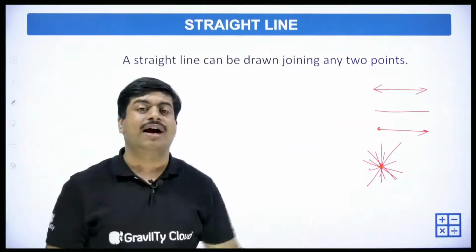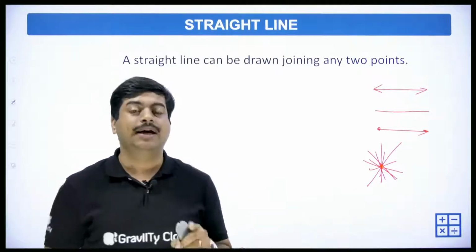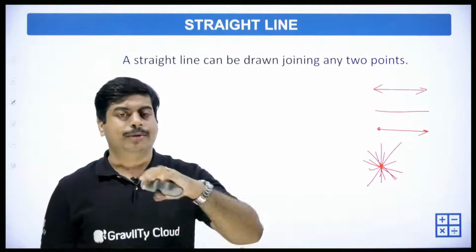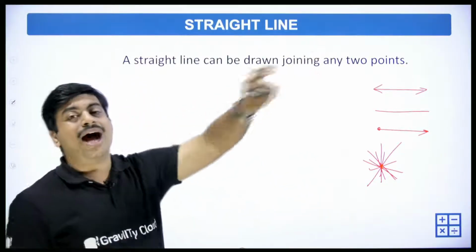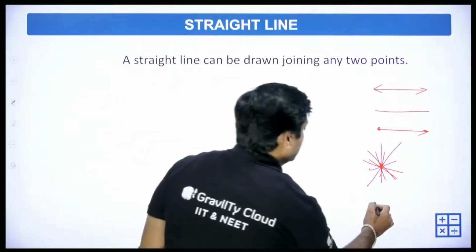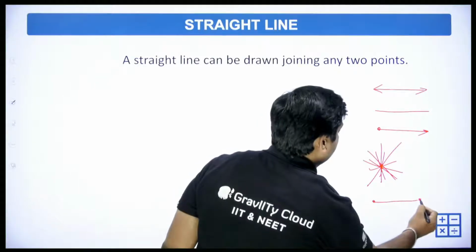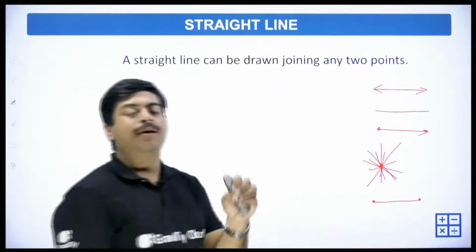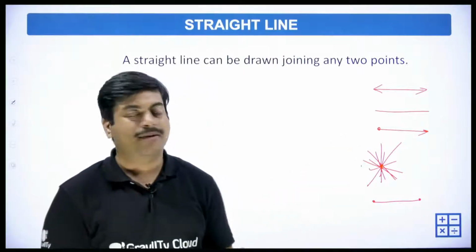Infinite lines can be drawn passing through 1 point. But for a straight line to be unique, to fix its position, we need at least 2 points. So 1 point is here and 1 point is here. If you join these, you will get only one possible line. You cannot have infinite lines like this, right?